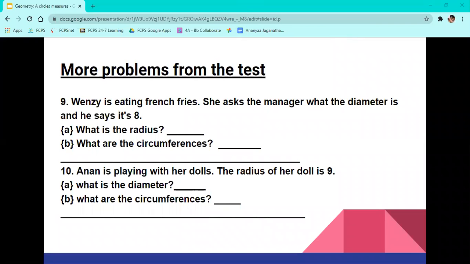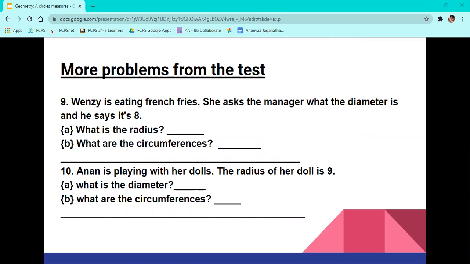Your time's up. Basically, the answers are, just give yourself a pat on the back if you got it correct. 9A is 4 and B is 12.56.